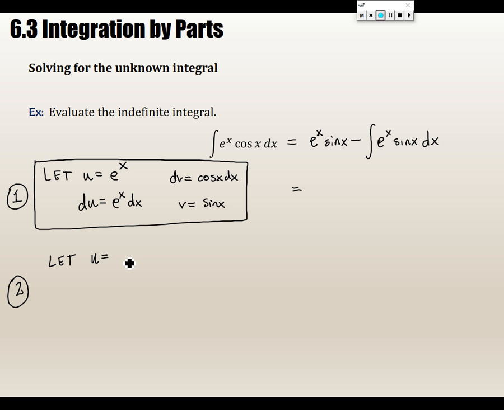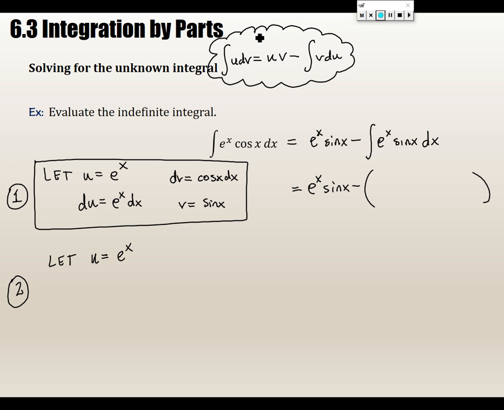This time we'll let u be e to the x again. We're working on that integral over there, just that one piece, right? uv minus the integral v du. All right, so let's do the same thing.